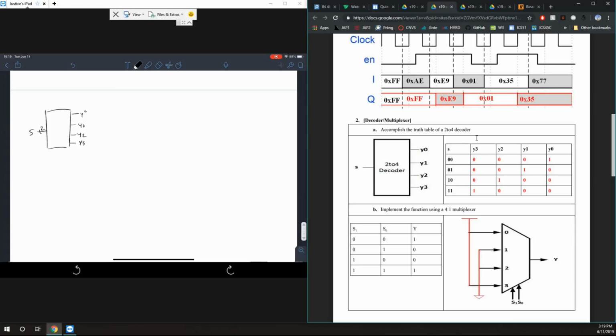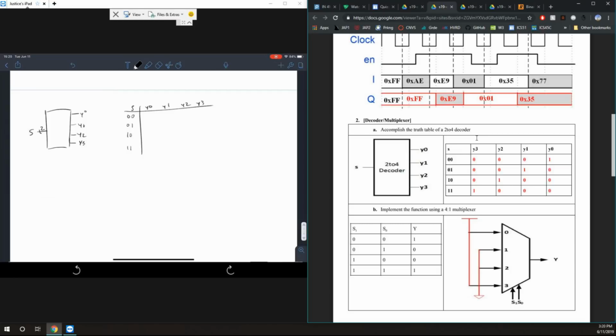And then from there it says, okay, here's your table. You have s, you have 0, 0, 0, 1, 1, 1. And then you have your different outputs, so you have y3, y2, y1, and y0. Yeah, let's say y0, y1, y2, and y3.